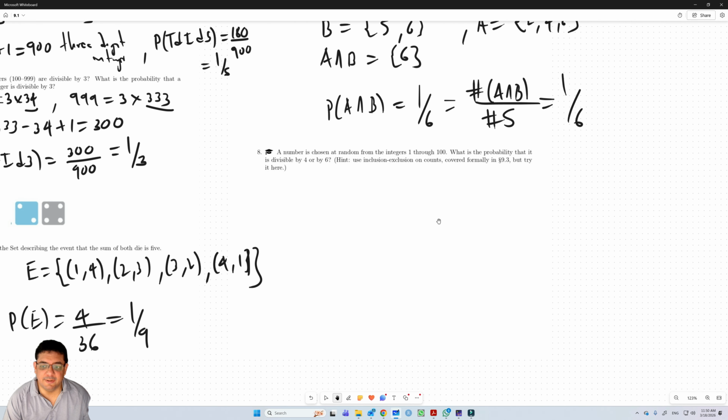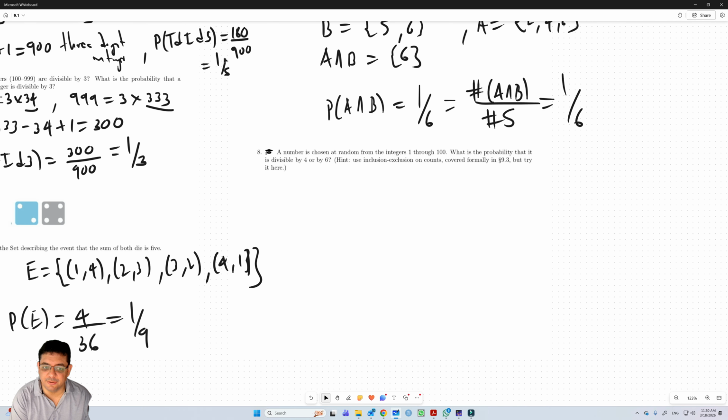Now, number 8 is going to be something that we're going to be introducing soon, which is the rule of inclusion-exclusion, but we're going to cover a little bit here. It says a number is chosen at random from integers 1 through 100. What is the probability that it is divisible by 4 or by 6?